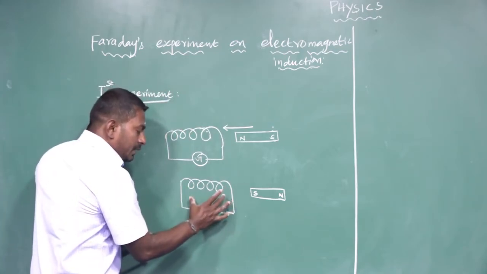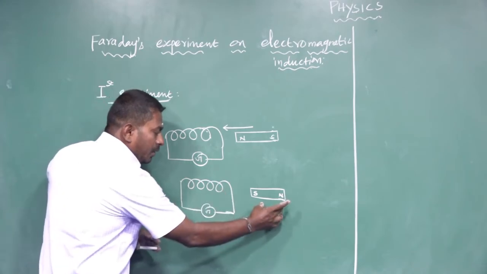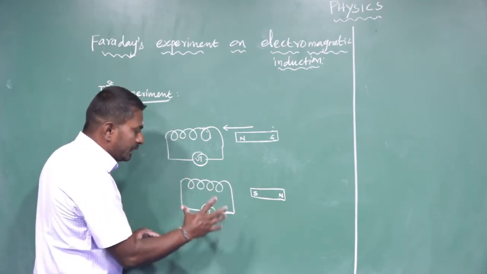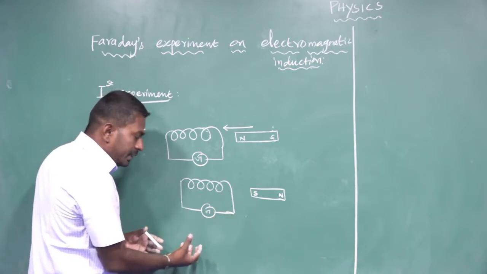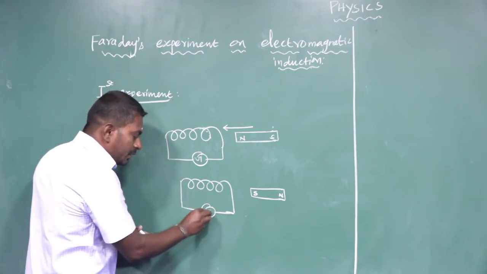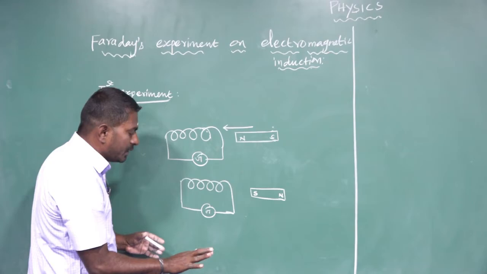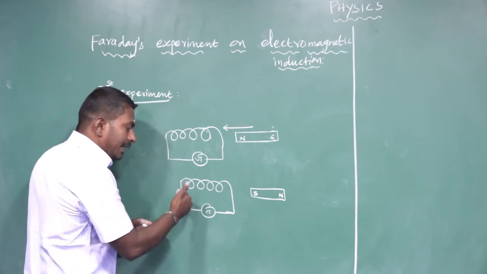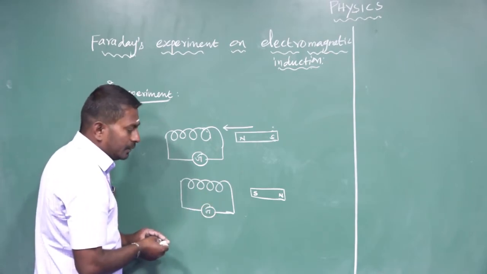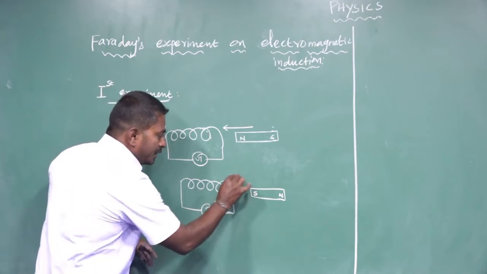Once again, see, both the closed circuit and the bar magnet are kept stationary at a particular distance. We observed the galvanometer does not show any deflection, which indicates that there is no electric current set up in the coil, because both are at rest.